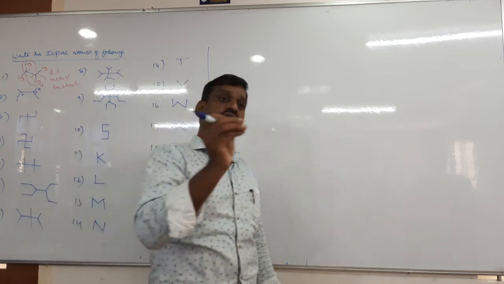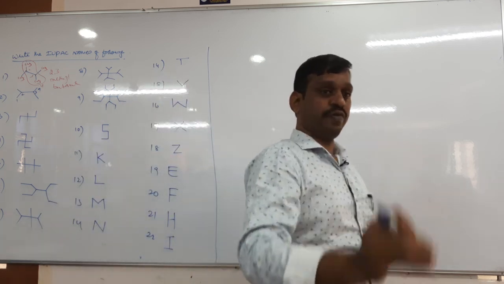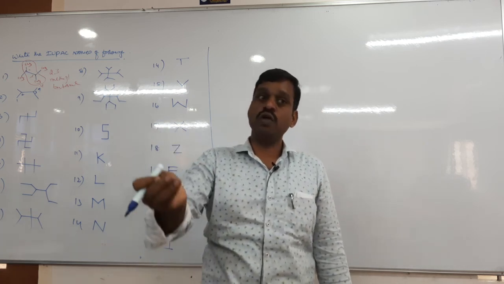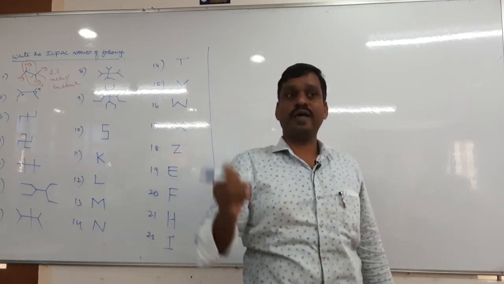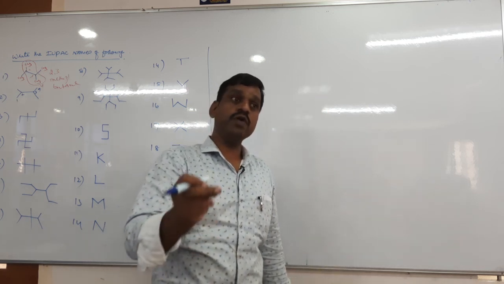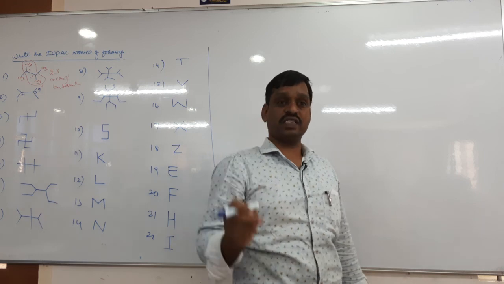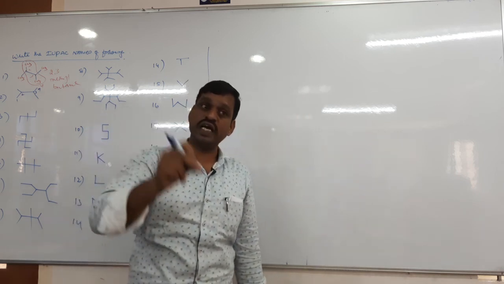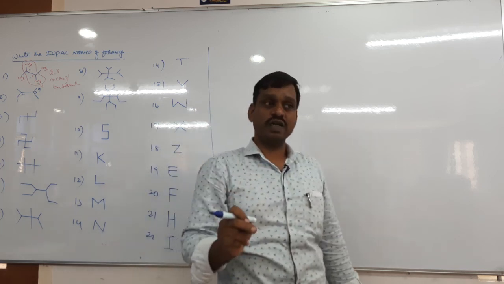These are called numerical prefixes. These numerical prefixes should not be considered in alphabetical order. But in the case of complex substituents, this di, tri should be considered in alphabetical order.